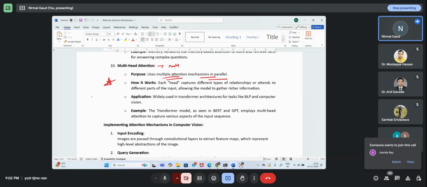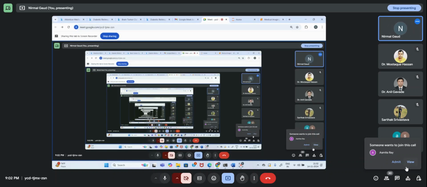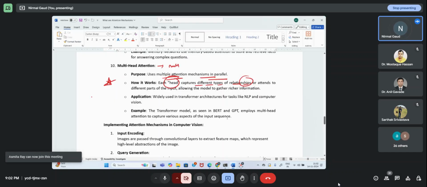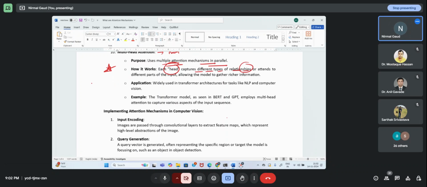And what is a head? It captures different types of relationships in the input, or attends to different parts of the input, allowing the model to gain rich information.